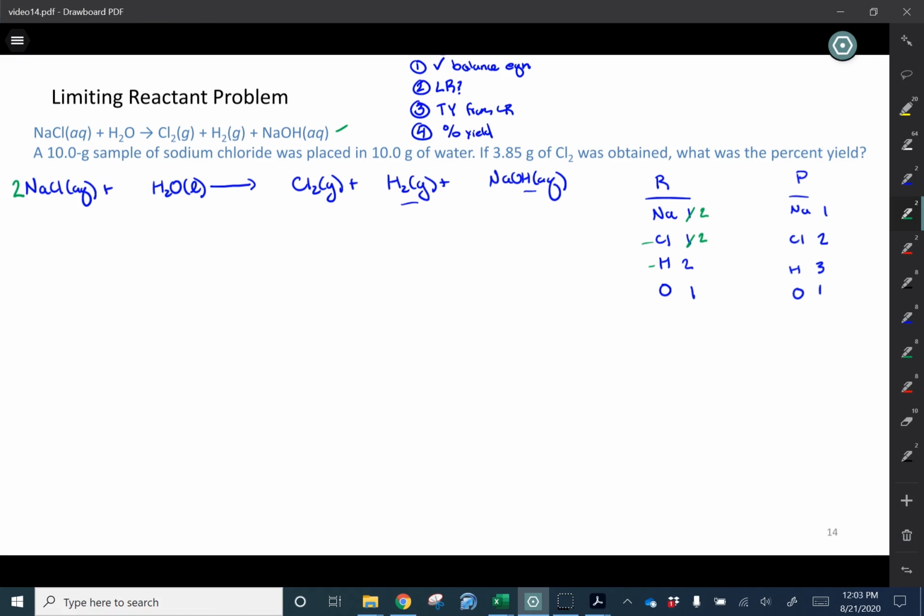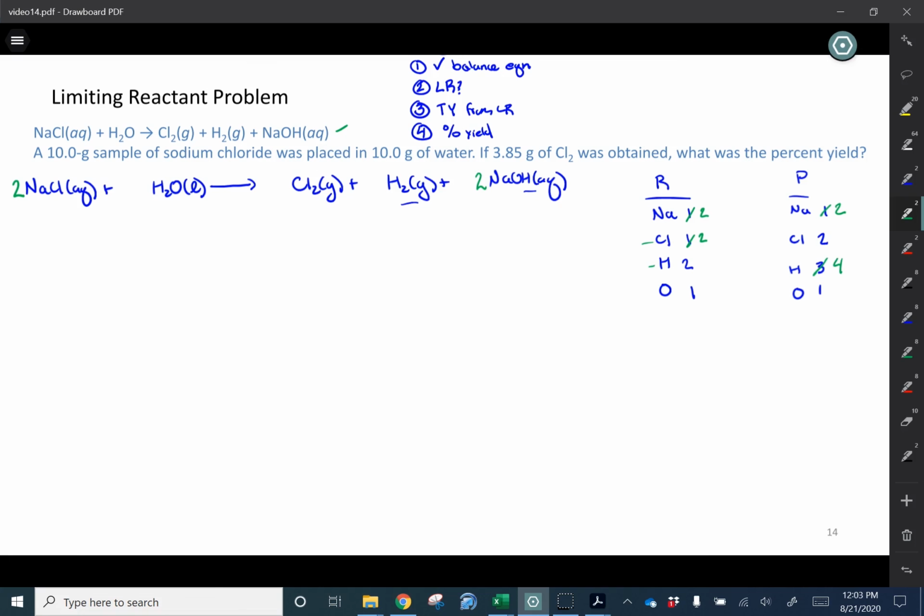So now what's off are our sodium and our chlorine and our hydrogen. So let's go ahead and put a 2 here in front of our NaOH. We'll get back with our sodium, and now our chlorine's on. Our hydrogen, we have a 2 here, and then 2 here, so now we have 4 hydrogen here.